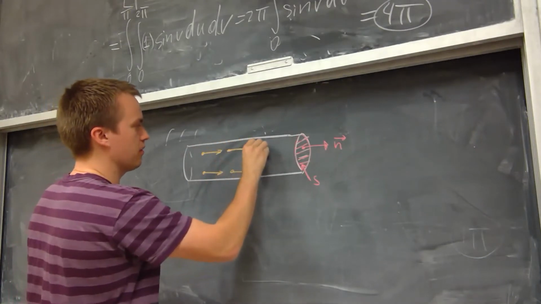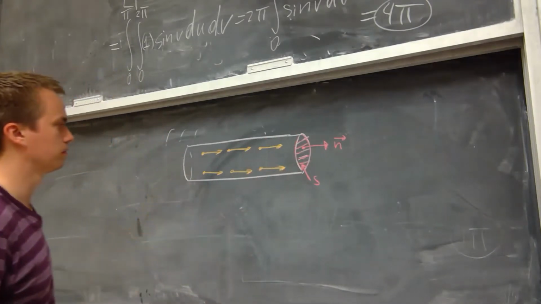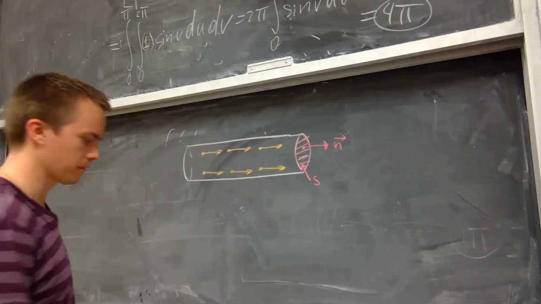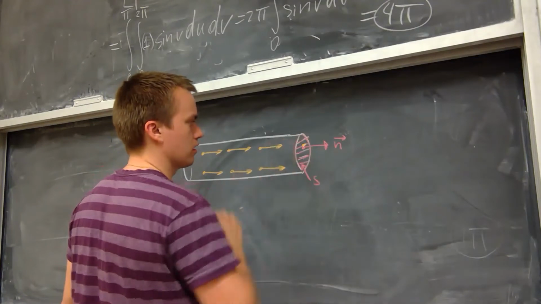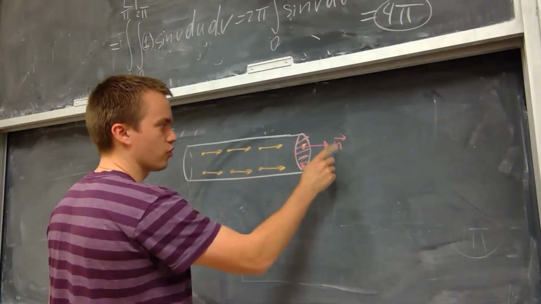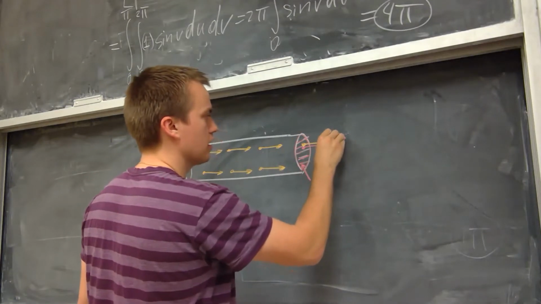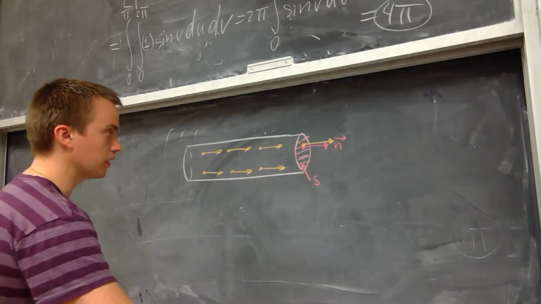We can imagine the water flows in this tube, like a pipe, and at this point the normal vector and the vector of my F are going to point in the same direction, but they might have different lengths.